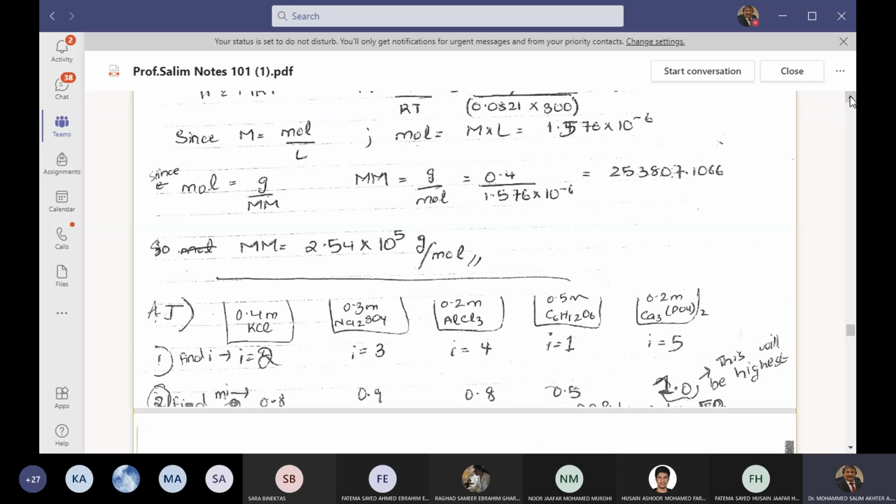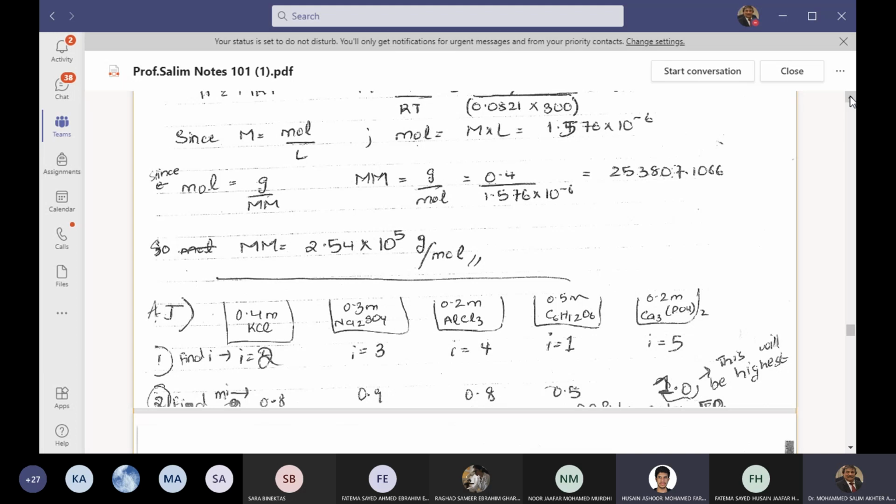What is the formula for delta TF? Freezing point of solvent minus freezing point of solution. What will be my delta TF? 0 minus minus 2.11. What will be delta TF? 2.11.